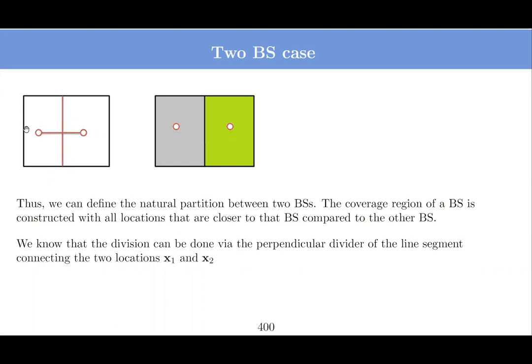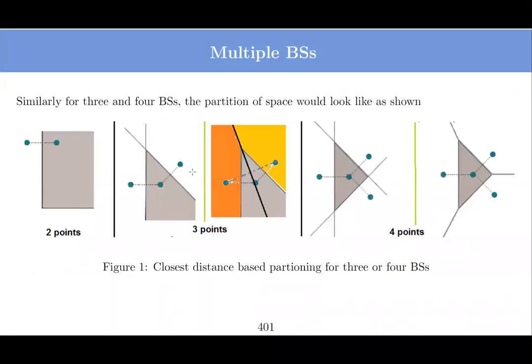So all the locations in this region, for them base station 1 is closer, so they will make the base station 1 coverage area, and for this side of the line, all the users falling in this area, base station 2 is the closest one, right? So eventually the partition looks like this. The gray area will be base station 1, the green area will be base station 2. So these will be the coverage regions of the two base stations.